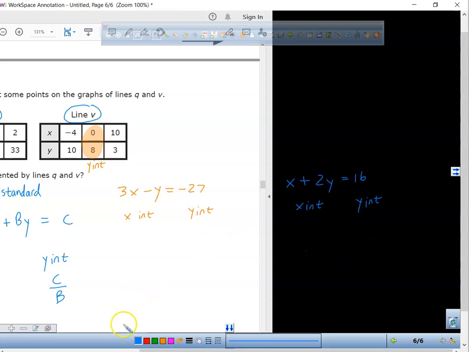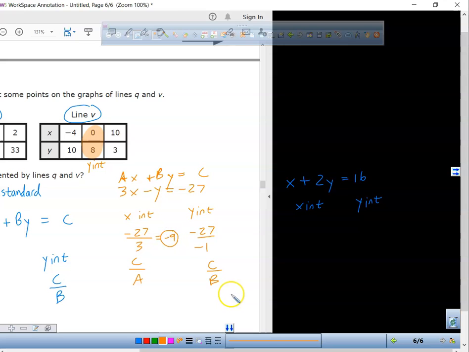Okay? So Jeremiah, right here, we're going to say -27 divided by 3, and -27 divided by -1. Remember, we're doing ax plus by equals c. This is c over a, and this is c over b, if you're wondering how I'm getting these numbers. What is -27 divided by 3? -9.